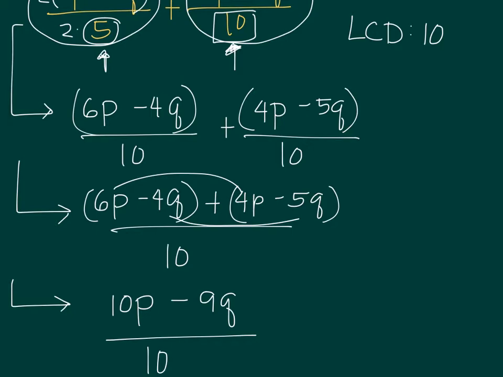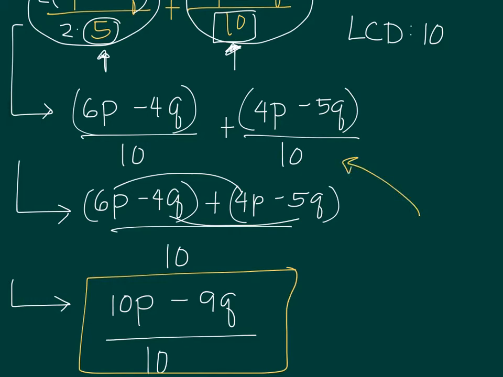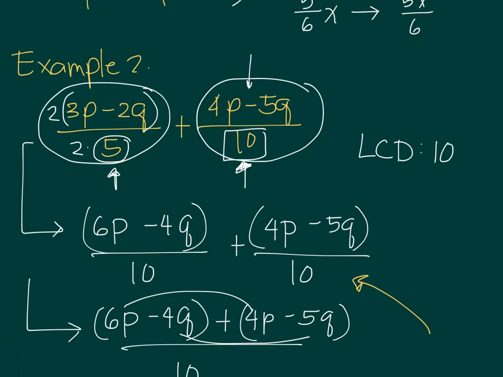So this is the combined expression for 6p minus 4q over 10 plus 4p minus 5q over 10, which came from the given expression at the beginning.